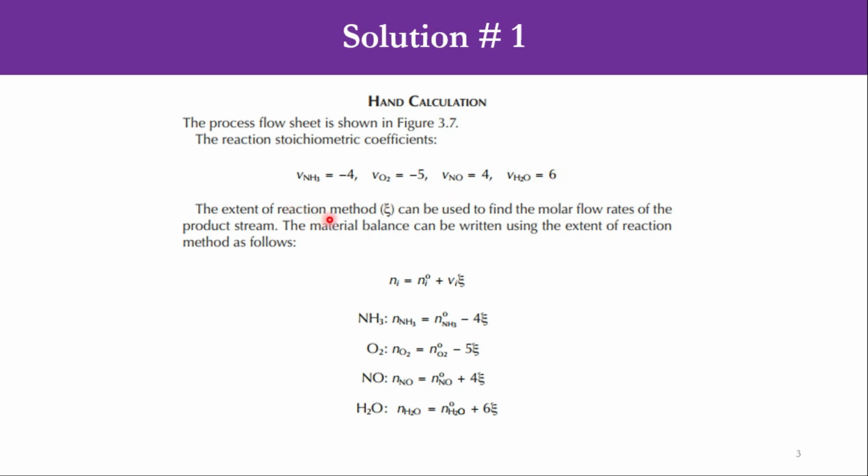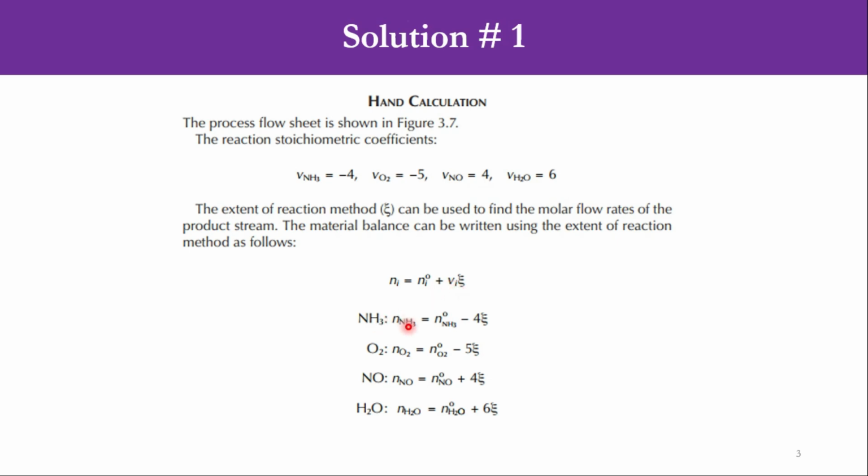Now the extent of reaction method can be used to calculate the outlet molar flow rates. It can be written as: N of i, the number of moles of species i at the outlet of the reactor, is equal to the number of moles of species i at the inlet of the reactor plus the stoichiometric coefficient multiplied by the extent of reaction.